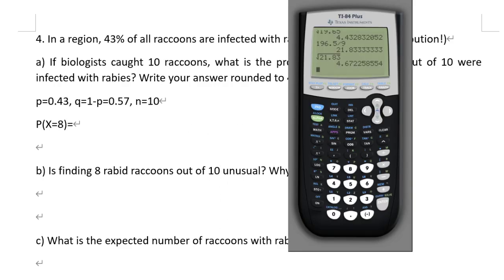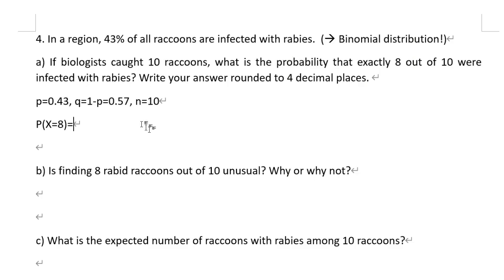And for that, what you need to do is you do second vars, and you want to find the binom PDF, and you have total of 10 trials, and p-value is 0.43, and then the x value you want is 8, so you paste that, and that gives you 0.0171.